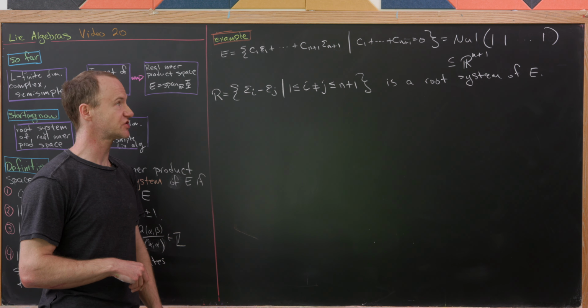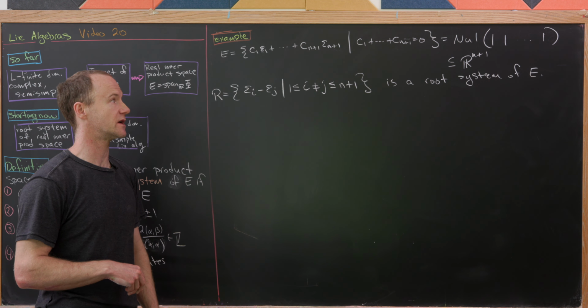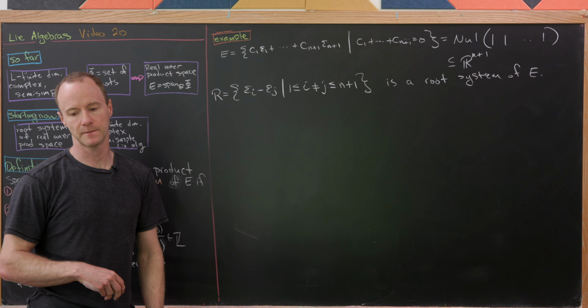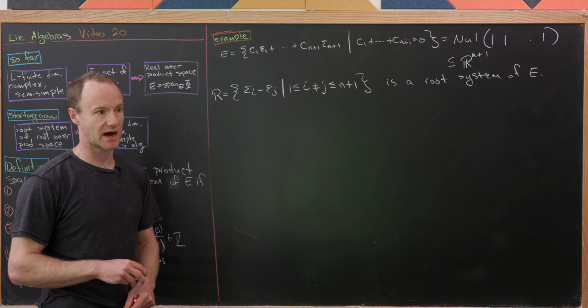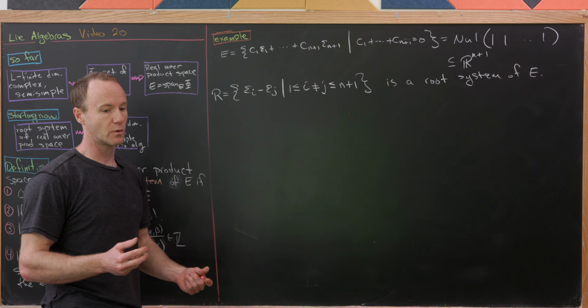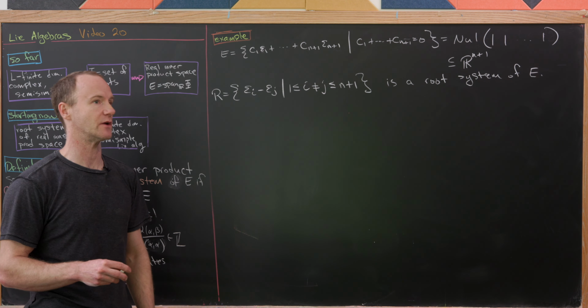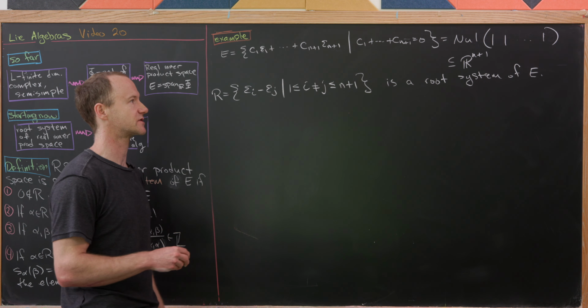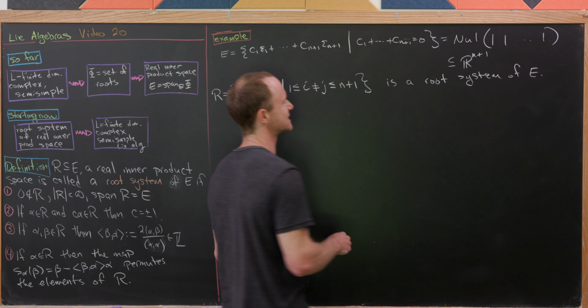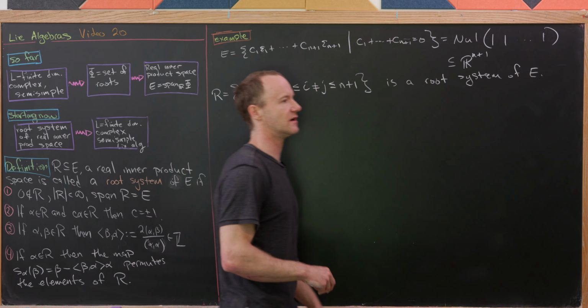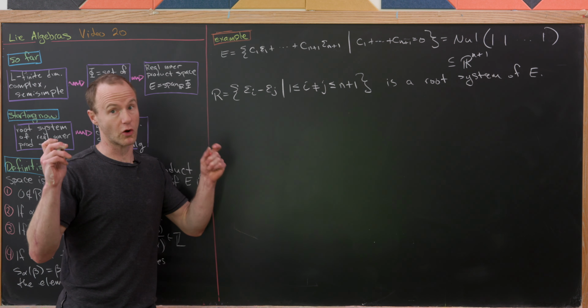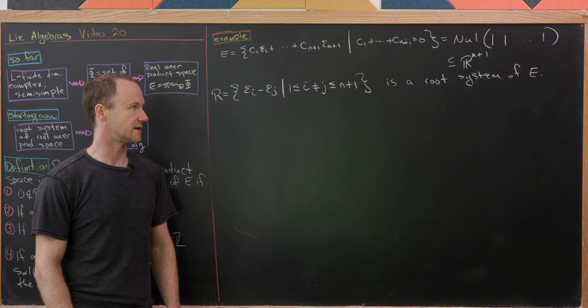But those coefficients, C1 through C(n+1), must sum to 0. And I guess I should say that epsilon i is the column vector where you have zeros in all of the entries except for the ith entry where you have a 1. So it's the standard basis vector. But let's observe that that's simply the null space of this maybe row matrix with all 1s in it.